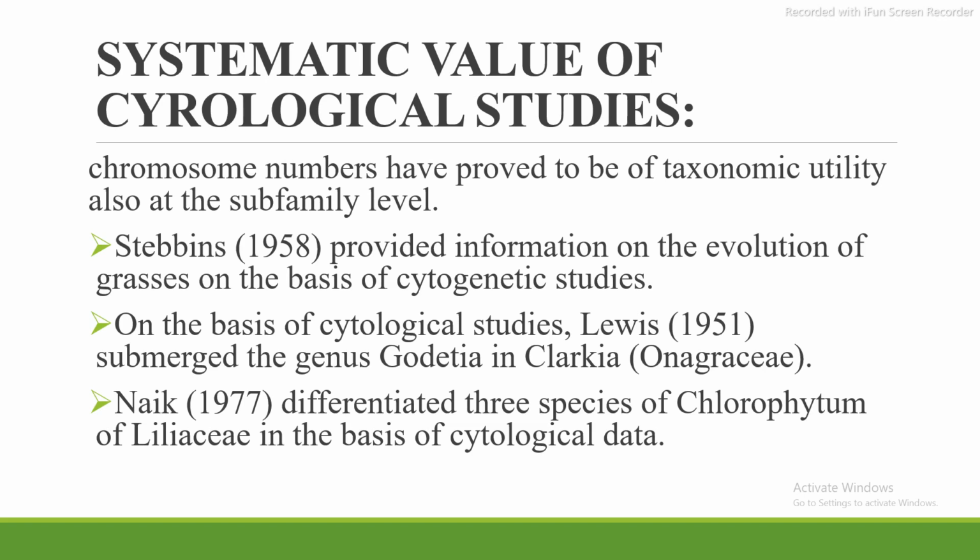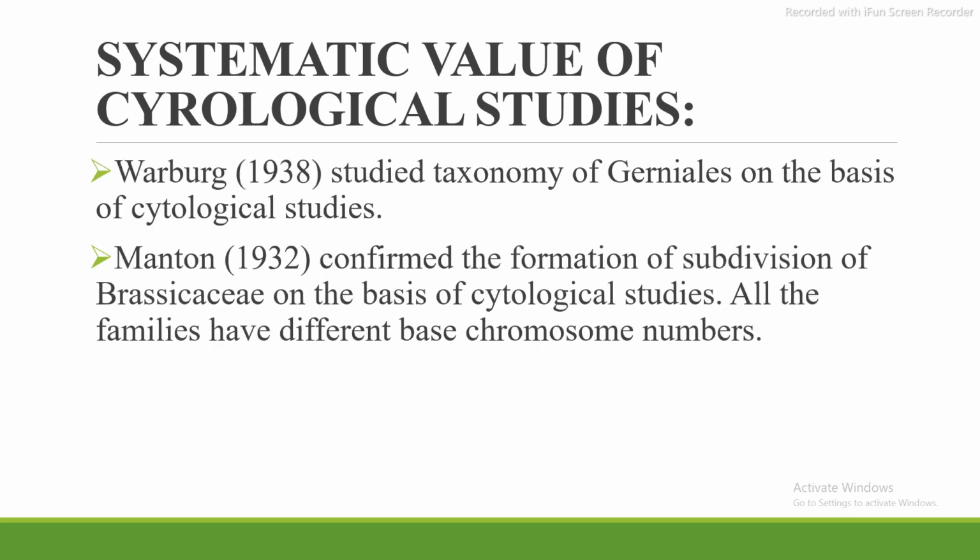Onagraceae. Nicke, 1977, differentiated three species of Chlorophytum of Liliaceae on the basis of cytological data. Warburg, 1938, studied the taxonomy of the Geraniaceae on the basis of cytological studies. Manton, 1932, confirmed the formation of subdivisions of Brassicaceae on the basis of cytological studies. All the families have different base chromosome numbers.